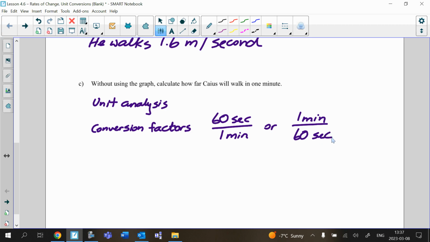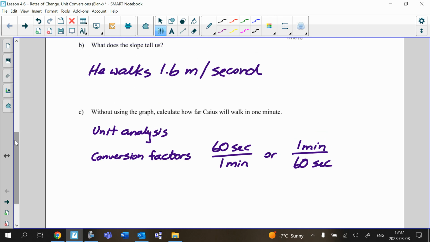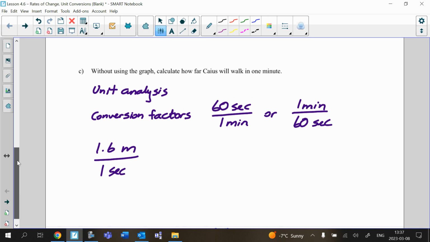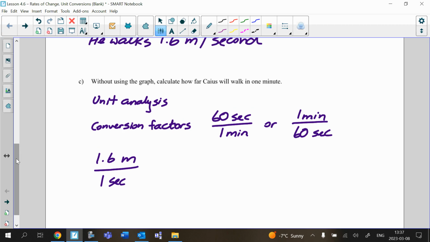Okay, so I want to convert 1.6 meters per 1 second to minutes. I'm always going to multiply.